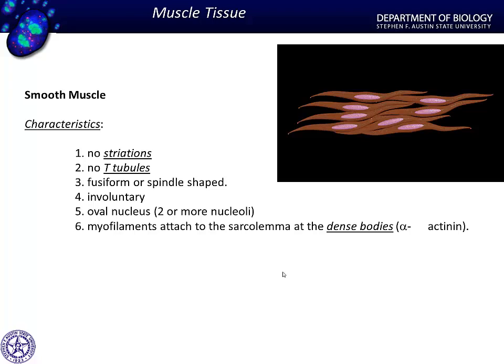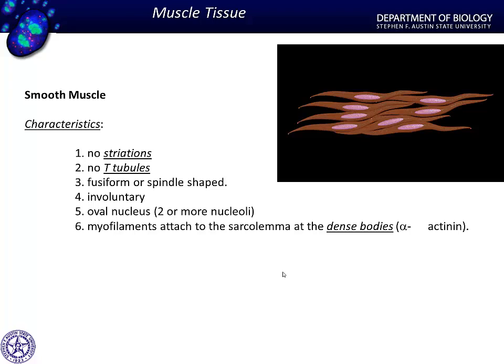Now, these are also involuntary, like we saw with our cardiac muscle. They have a centrally located nucleus, fairly oval in shape. And the myofilaments, the thin actin and the thick myosin, are going to be attached not necessarily at Z lines per se, but to the sarcolemma in a three-dimensional pattern. These attachment plaques in the sarcolemma are called dense bodies.